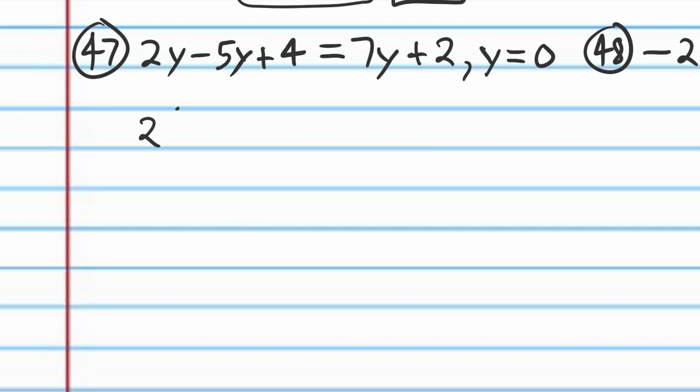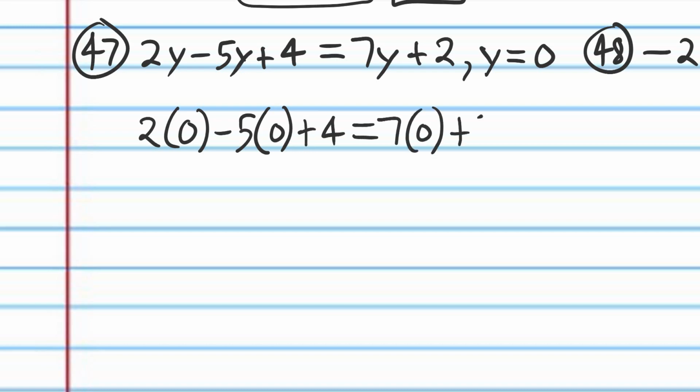All right, we're back. So 2 times 0 is 0, and -5 times 0 is 0. You can put a plus or minus sign, it doesn't really matter. 7 times 0 is 0.